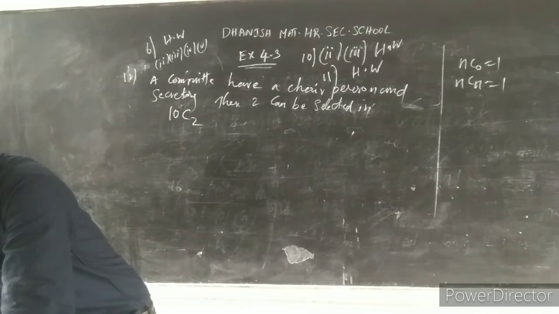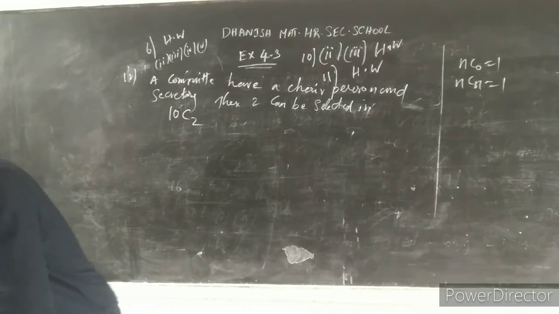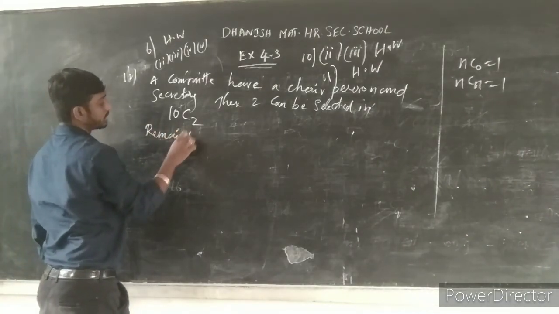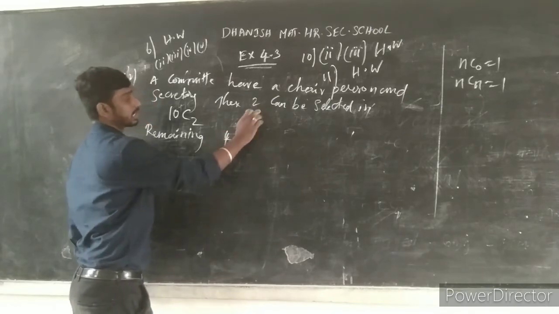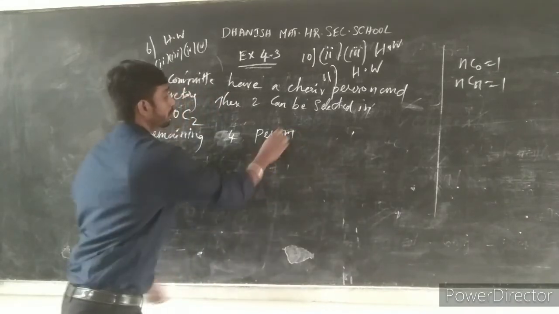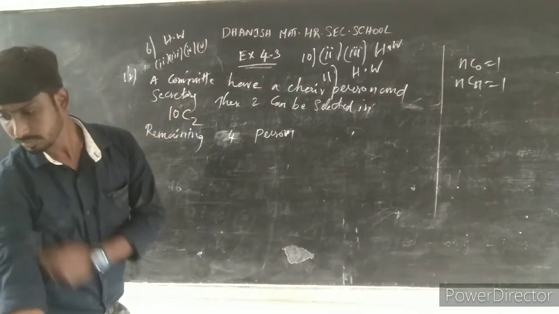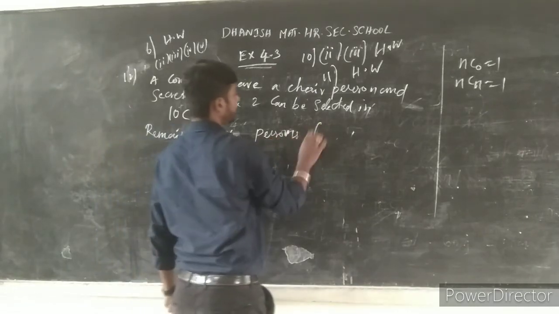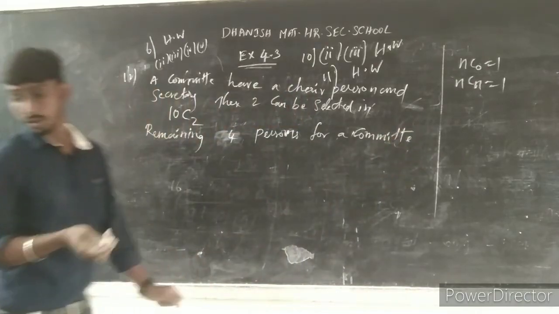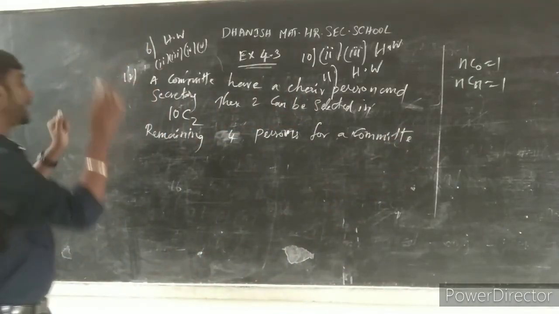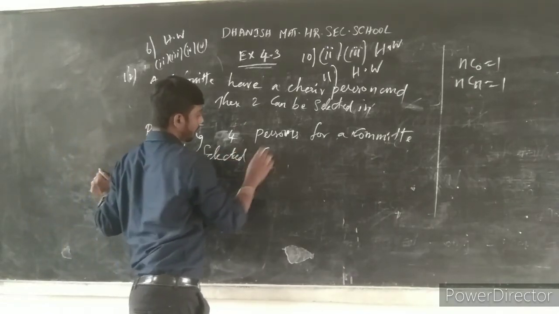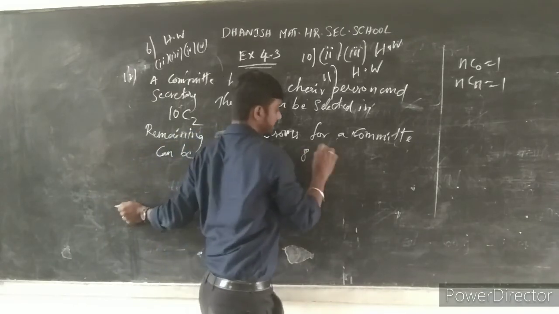Remaining 4 persons for the committee can be selected from 8 persons. The committee has 6 persons in total; we already selected 2 persons here, so the remaining 4 persons can be selected from 8 persons.